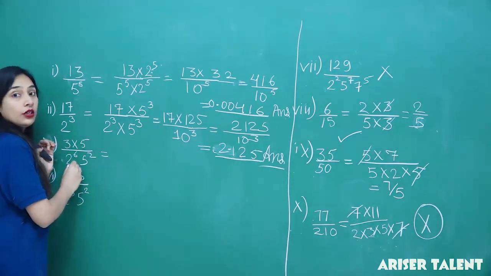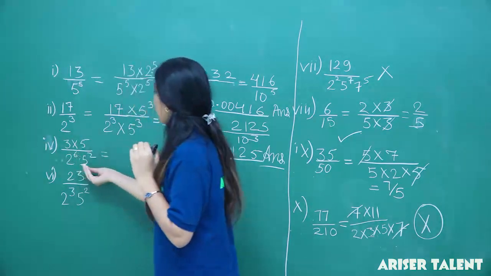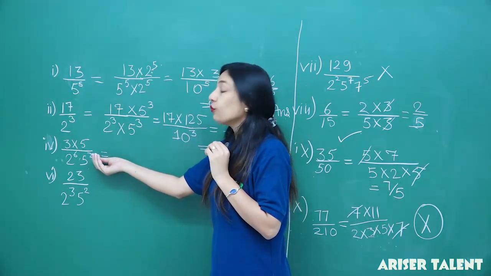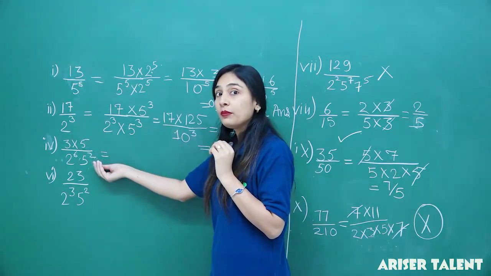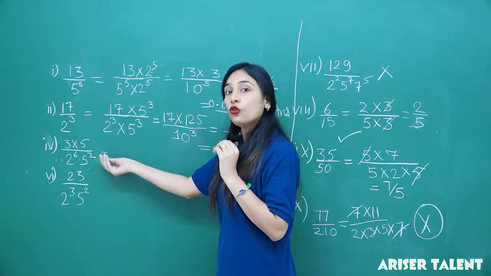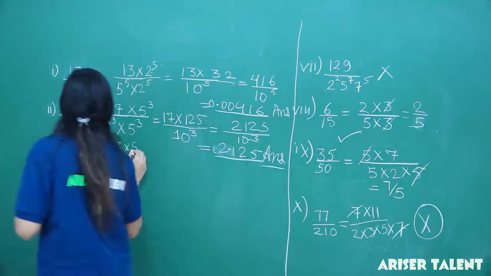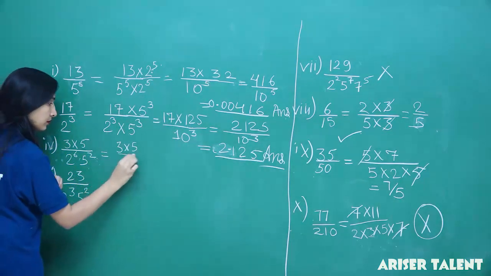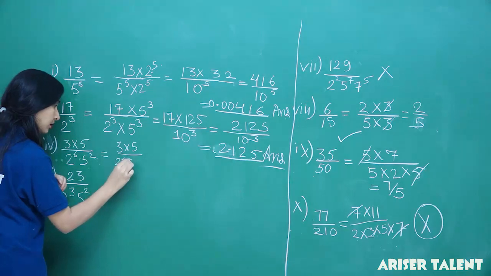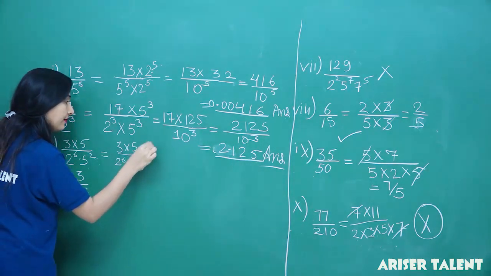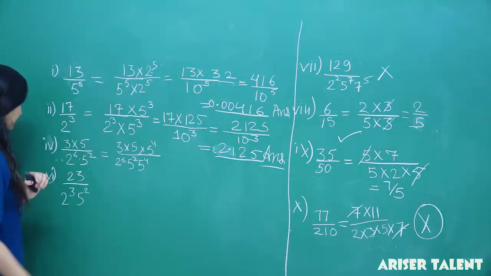Now next, you are having 2 raised to power 6 here and 5 raised to power 2 here. So how many 5s you have to add? 4 5s you have to add. So you will multiply it by 5 raised to power 4. So 3 into 5 raised to power 4, and 5 raised to power 4.